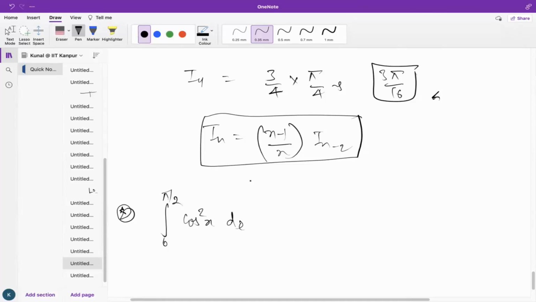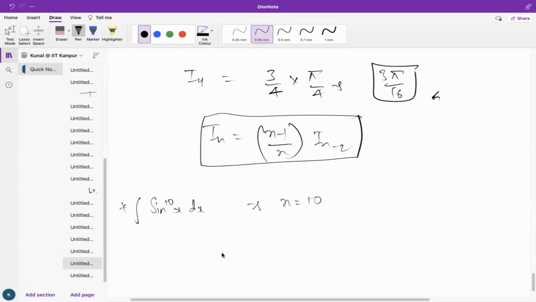Let me take some for sine term, sine with the big power, and then we move to cos x. When I take another example, sine to the power 10x dx, here the n value is 10, right? So what is a simple trick here?